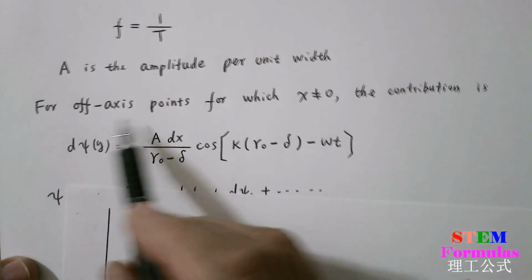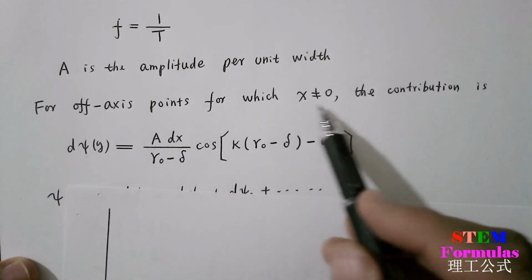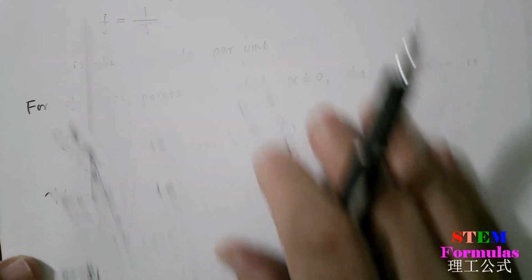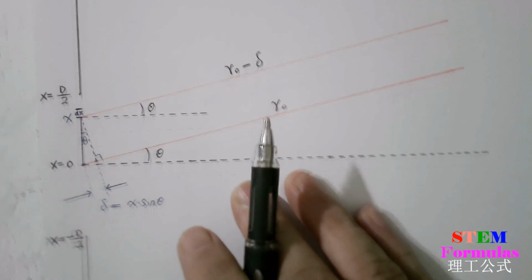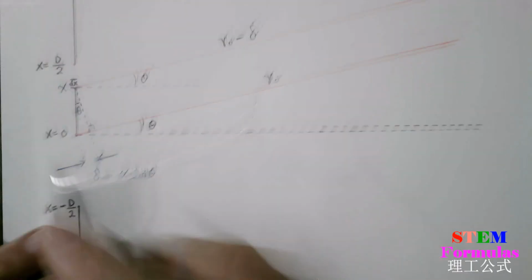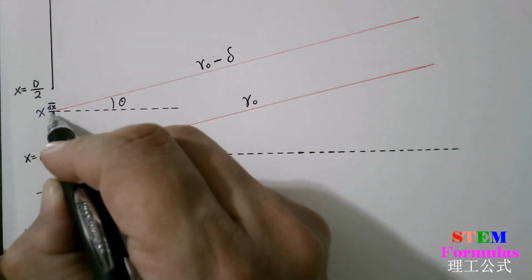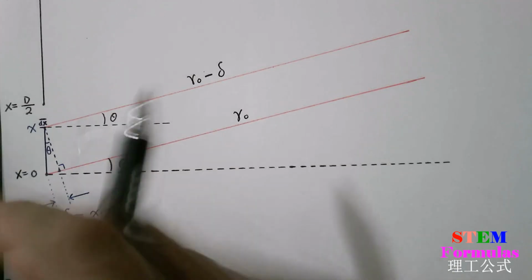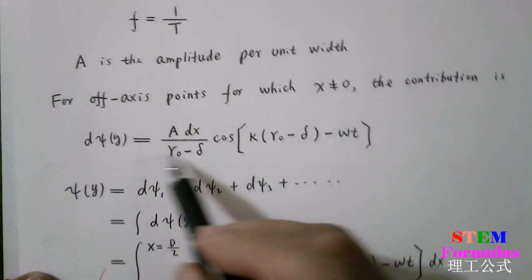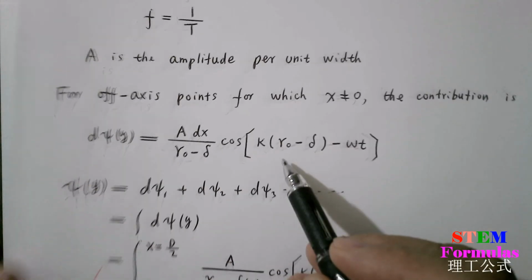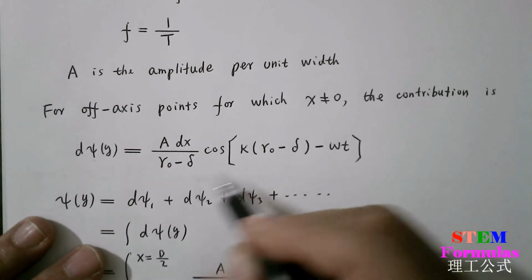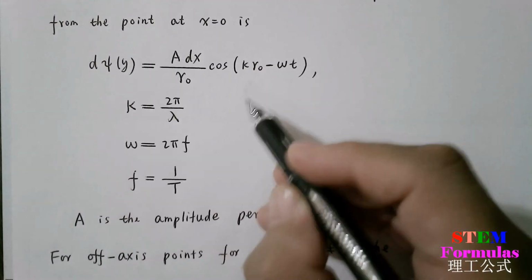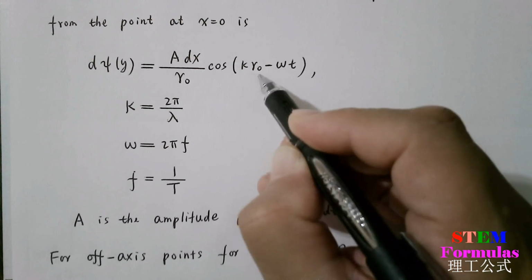Here, for an arbitrary point, which is not x0, at arbitrary x, I have the contribution equal to this formula. So what I need to change is, above I have k times r0.